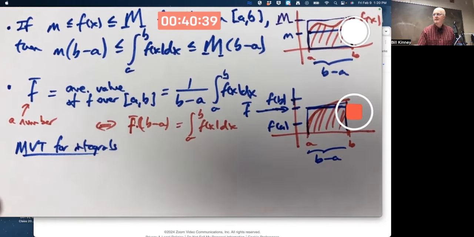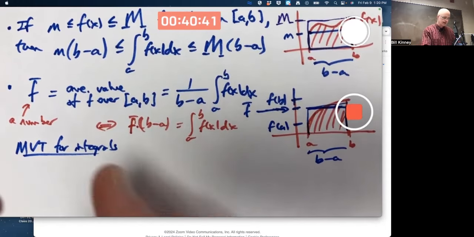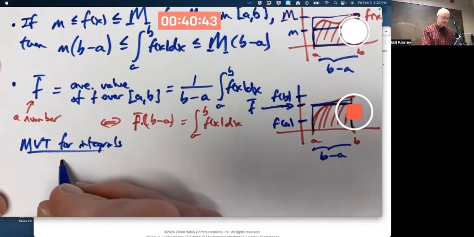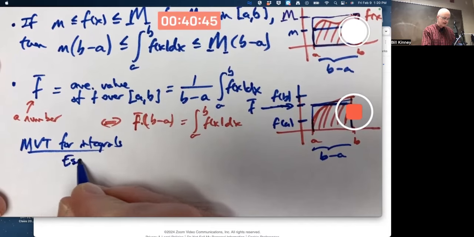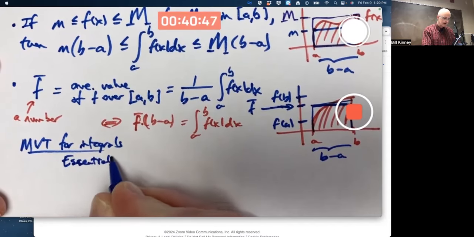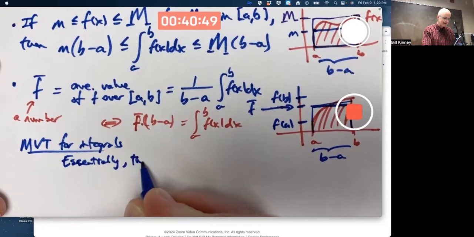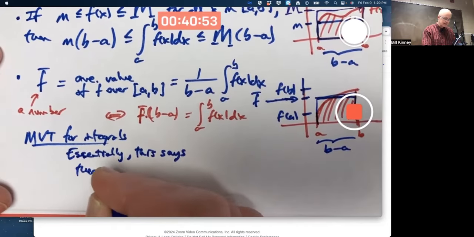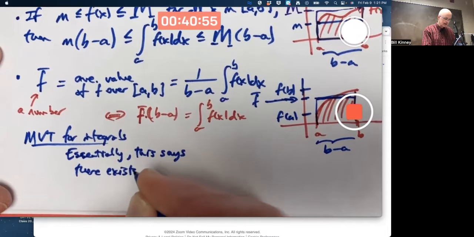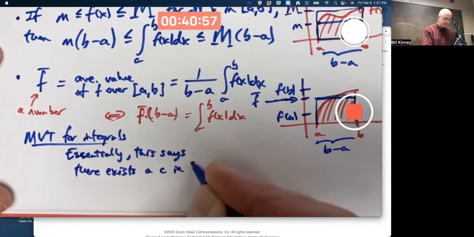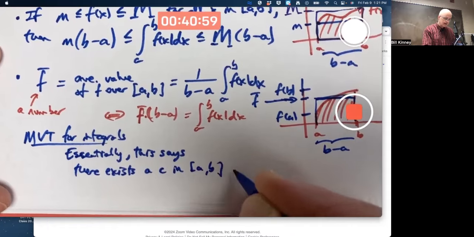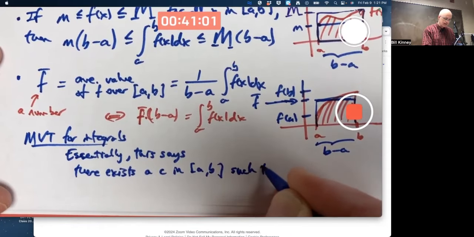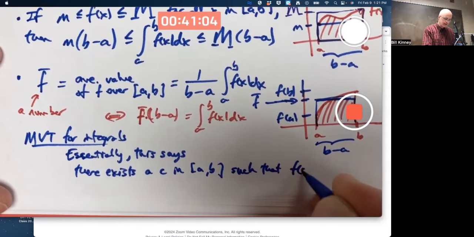If f is a nice function, meaning continuous on the interval, essentially this says there exists a c in the interval from a to b such that f of c equals f bar.